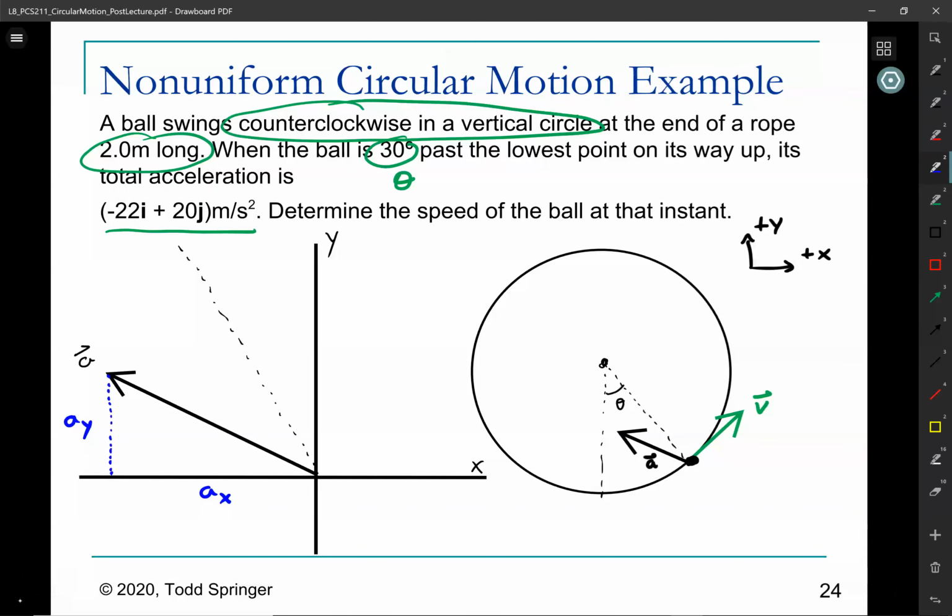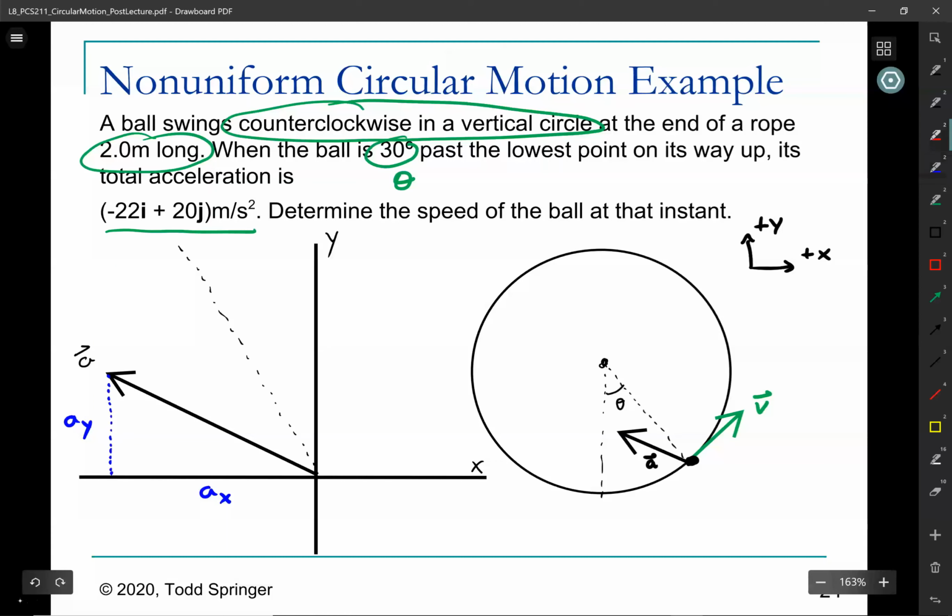What we would like to know is the centripetal and the tangential acceleration. So this dashed line here is the radius that goes towards the center of the circle. That's the same as this line here. So what I want to do is break the vector A into components which are parallel to the radius and perpendicular.